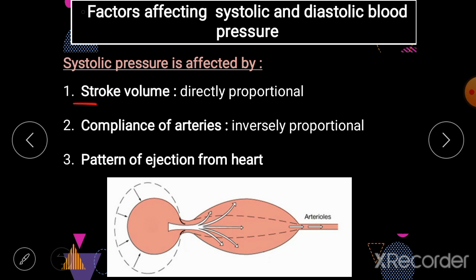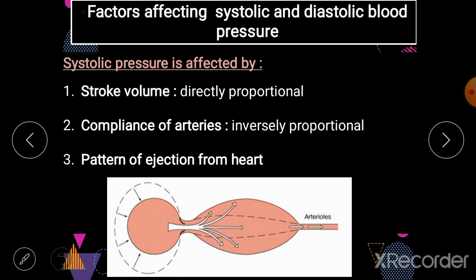The first factor is stroke volume. Stroke volume is the amount of blood which is pumped from the ventricle into the aorta per beat. Greater the amount of blood pumped from the ventricle into the aorta, greater will be the pressure in the aorta.